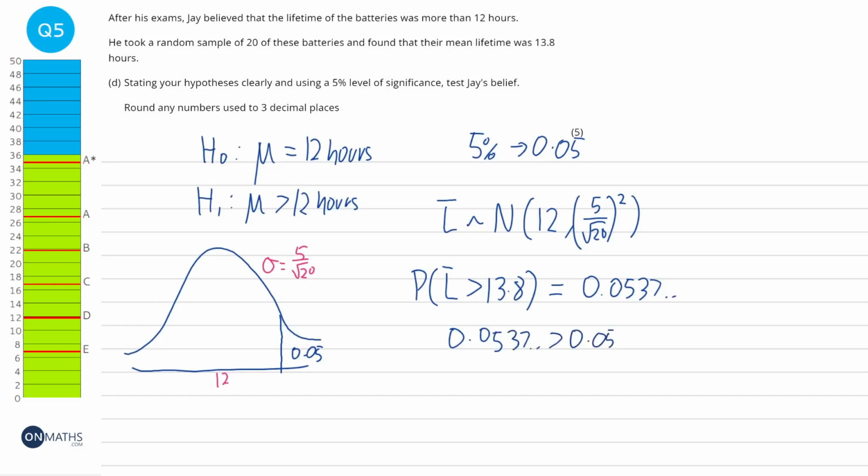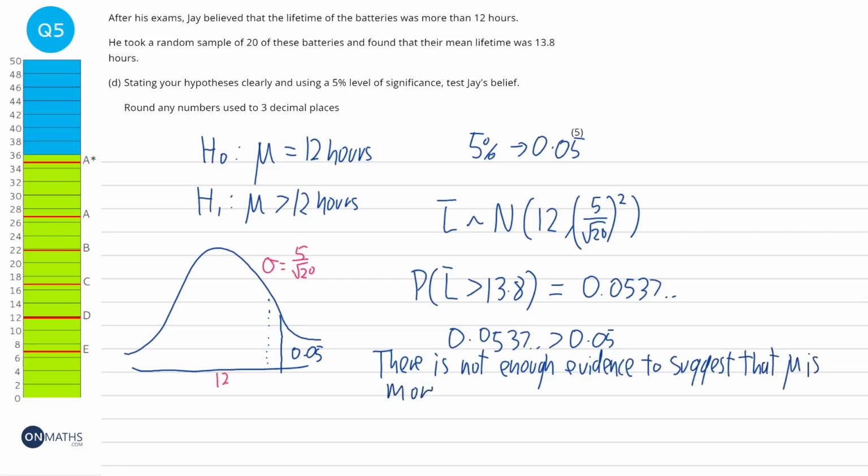So unfortunately that is on the left hand side of the line. So we can say that there is not enough evidence to suggest that the population mean is more than 12.